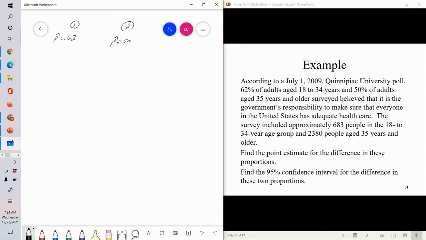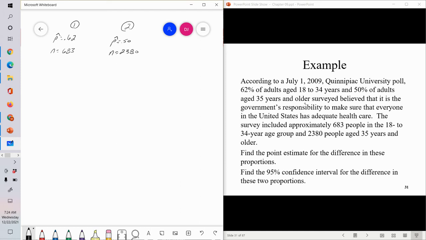In the younger group, there were 683 people surveyed, and in the older group, 2,380 people were surveyed. Okay, so find the point estimate for the difference in those proportions.